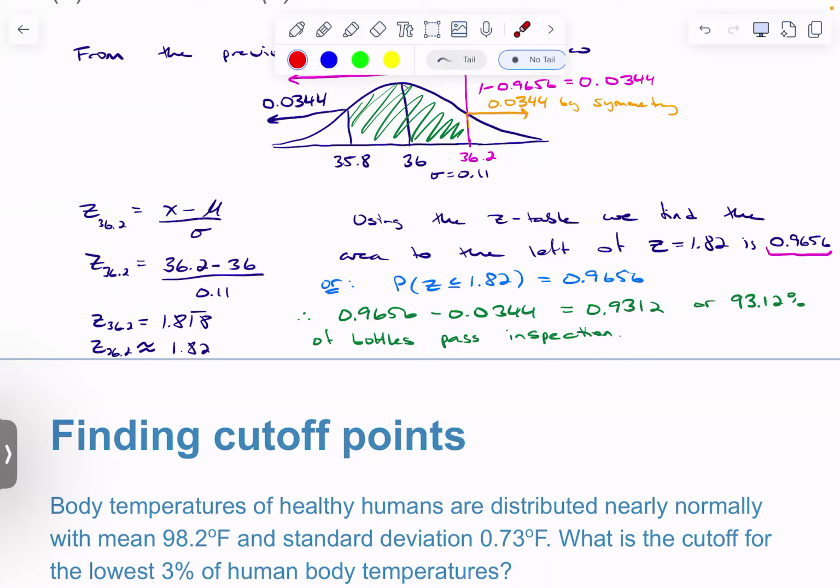And so as long as you show me all the things that you're doing and explain, like this, using the z table, you're just saying what you're doing. I'm going to my z table now, and that's how I found that this area is 0.9656.